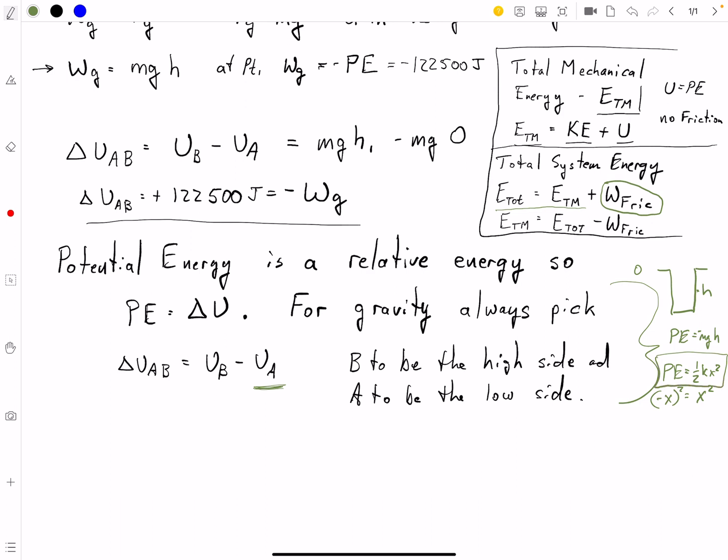So for a spring, your potential energy is always positive. Your potential energy for gravity can be negative, and that would be because you've got U_A here and U_B down here, okay?